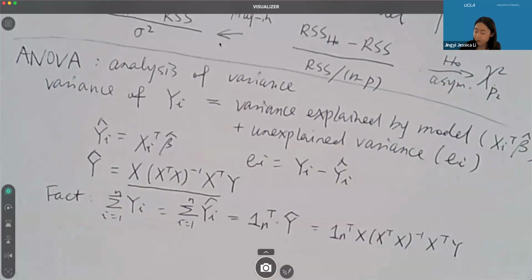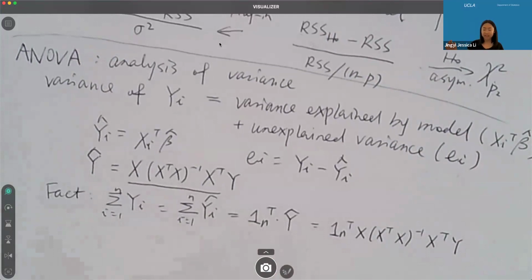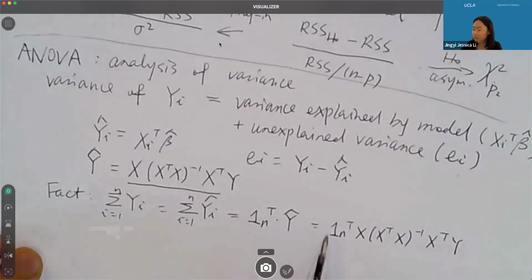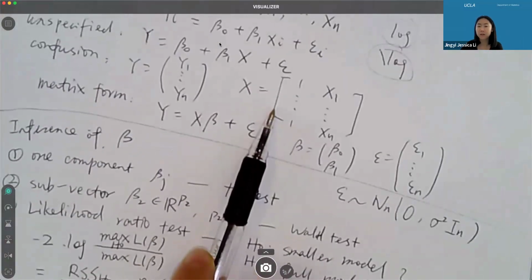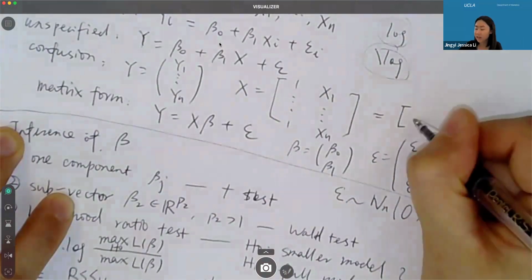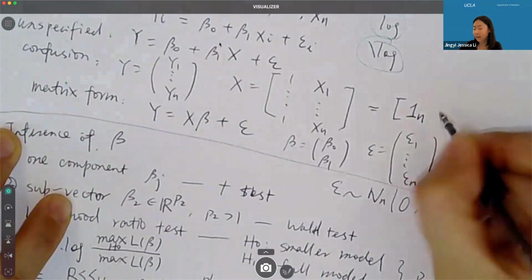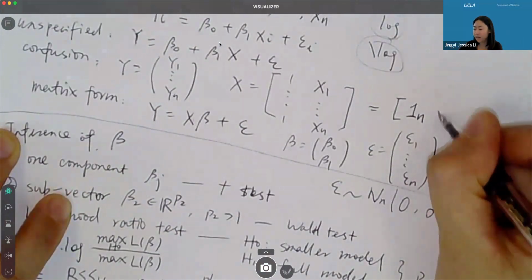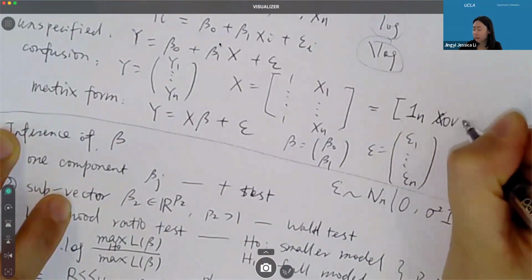Now let's look at the design matrix. In the design matrix, if we scroll up here, the first column is ones. So basically the design matrix can be put as a vector of ones and your covariates, right? Let me just put it here, yeah.